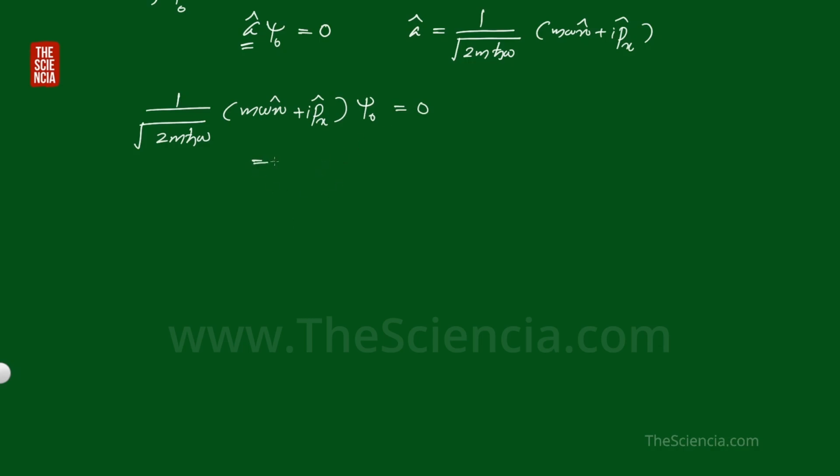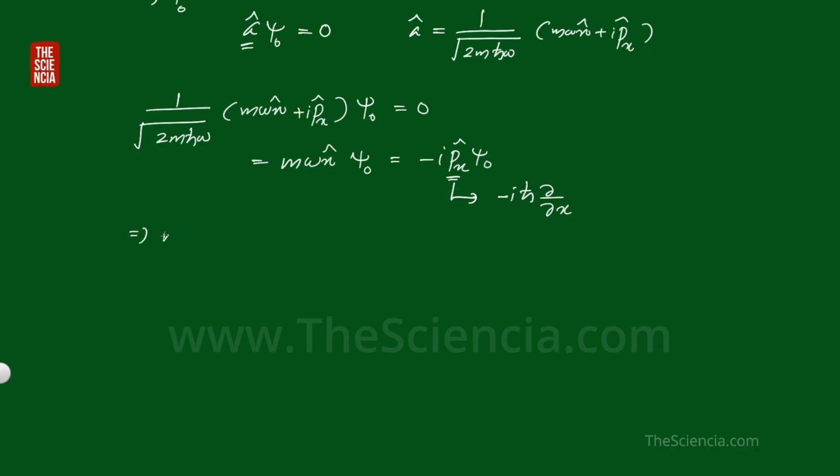That is equal to m omega x cap psi 0 is equal to minus i p x cap psi 0, right? And we know p x cap, that is the momentum operator, is equal to minus i h cross dou by dou x. Now we can substitute that value also here.